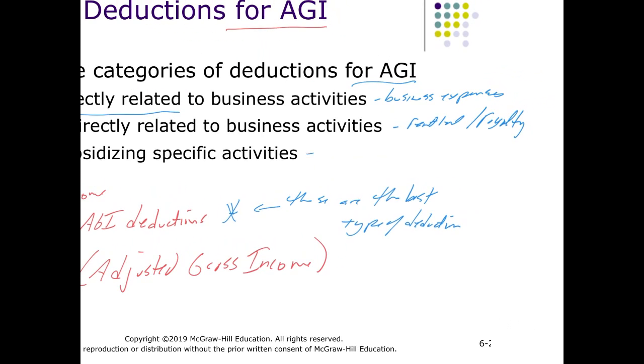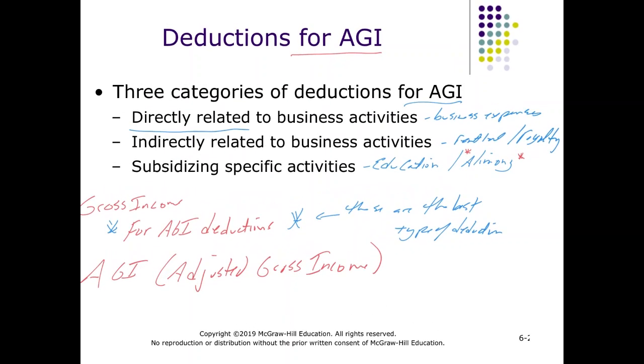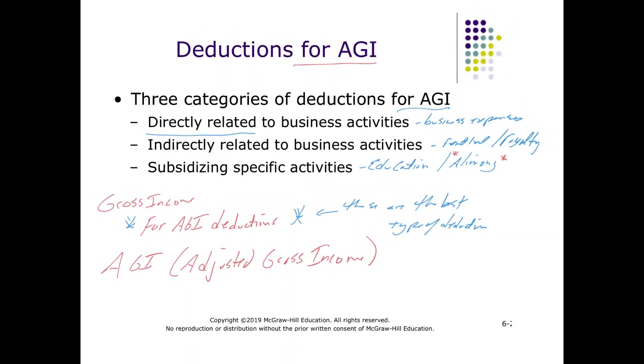And so one of the main categories here is certain education expenses. Interestingly, alimony, but we're going to put little asterisks by alimony because with the Tax Cuts and Jobs Act, that goes away, but there's still alimony that is deductible for AGI.